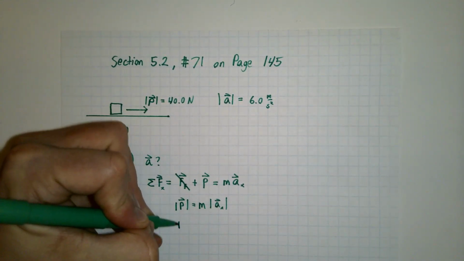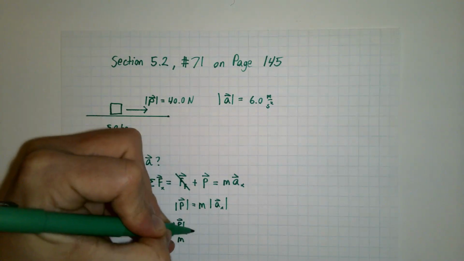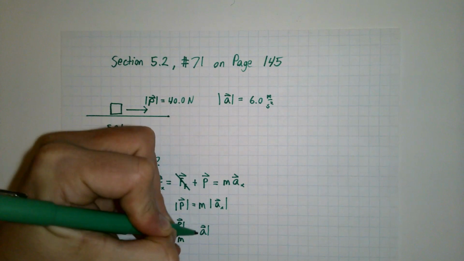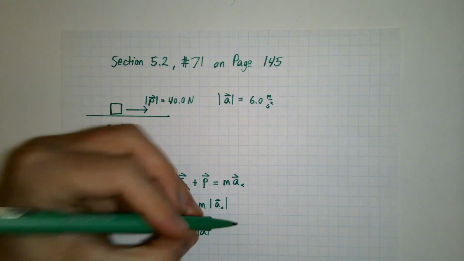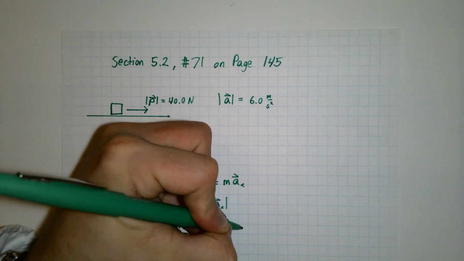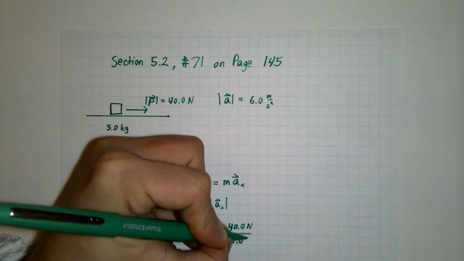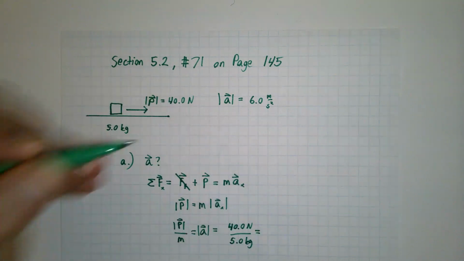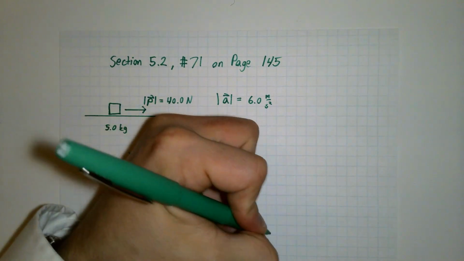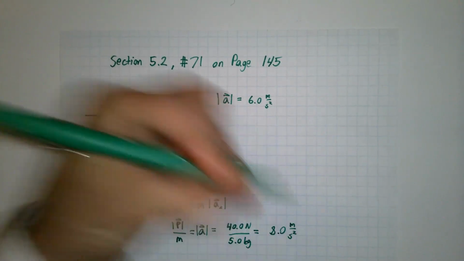That acceleration would be the push divided by the mass of our object that's undergoing that net force. If the push is a 40.0 newton force to the right and the mass is 5.0 kilograms, then our acceleration should be, on a frictionless surface, 8.0 meters per second squared.